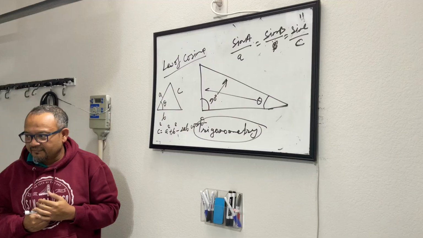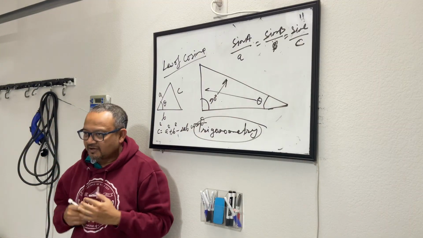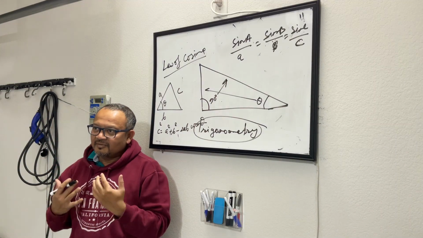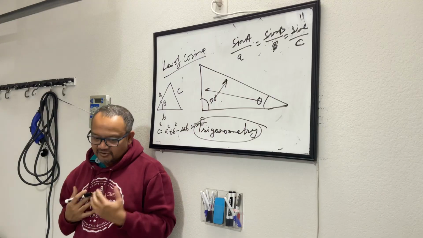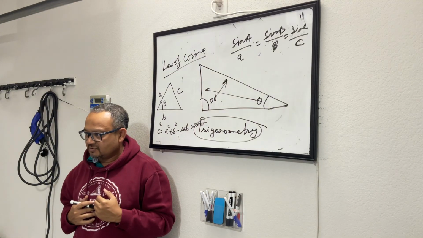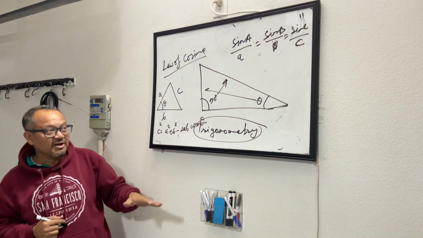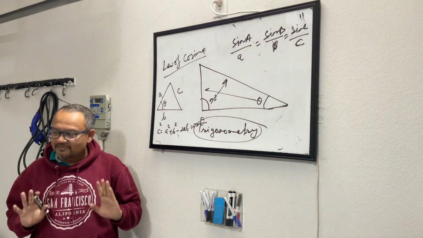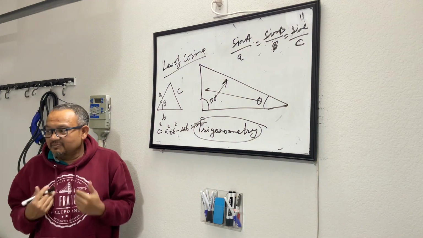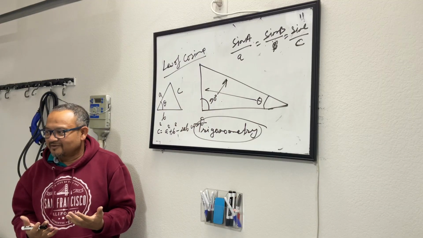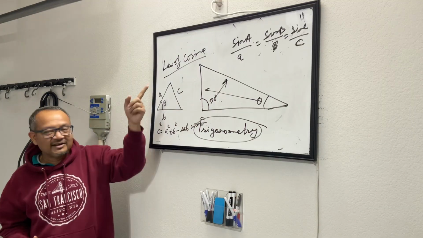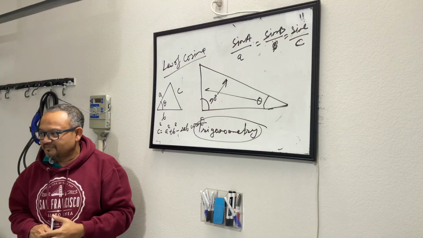I don't take any formula at face value. If somebody says this is a formula, use it, I'll say, no, how? Why did this formula come into existence in the first place? Then I decode it, and I'll say, okay, now I'm convinced, I'll use it. Because my problem is memory. I keep forgetting things, since my childhood days. So unless I understand things, it will not stay with me.